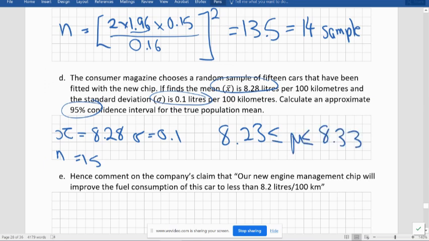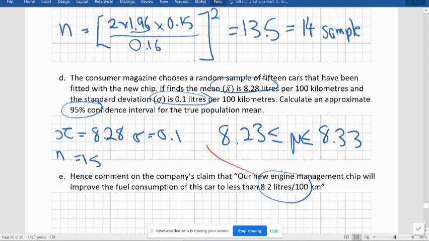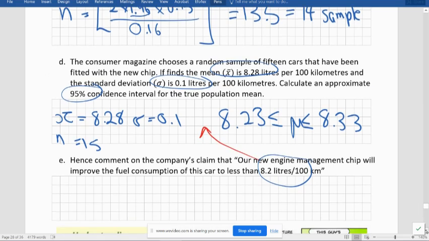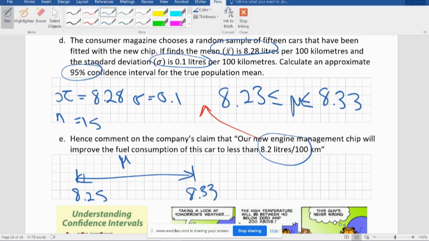All right. Hence, comment on the claim that our new engine management chip will improve the consumption of the car. So if you're looking at 8.2, this one is one of those where, like I said before, if you look at the interval, you can see it's outside, right? Okay. So if I was just quickly drawing that interval here, with a 95% confidence interval, we can be 95% confident that the true mean is here, somewhere between here.